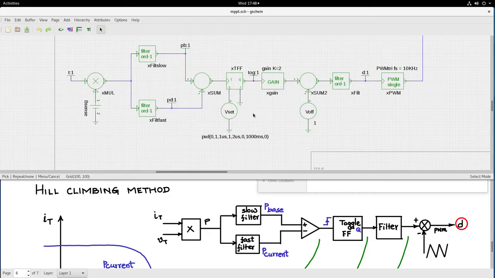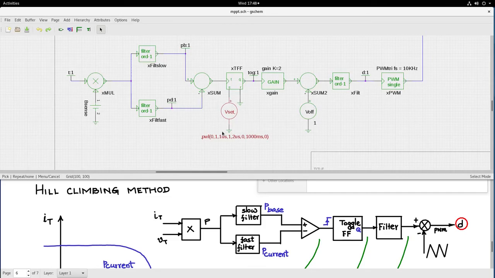Now, why have I given this VSET? This is given to the S and R asynchronous inputs of the toggle flip-flop. At the time of switch on, we don't know what the output state of the toggle flip-flop will be. In order to be consistent, it is normal to give the set input a small monoshot, which gives a high momentarily, sets this, and from there on the tracking continues.